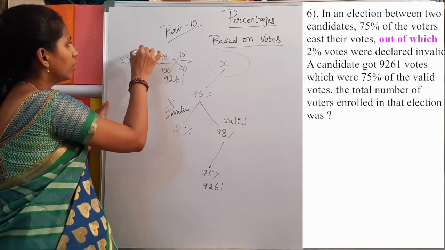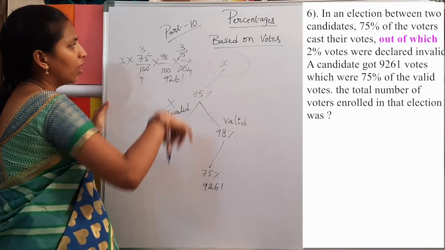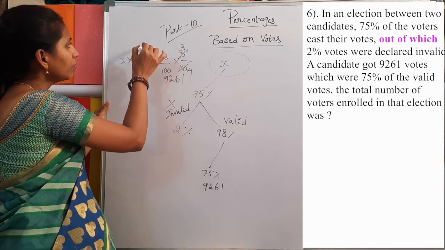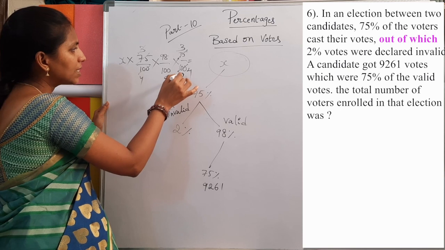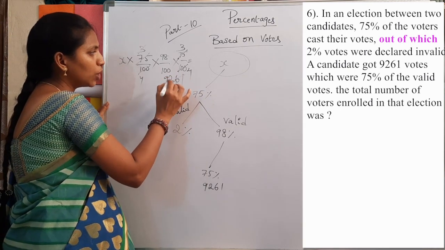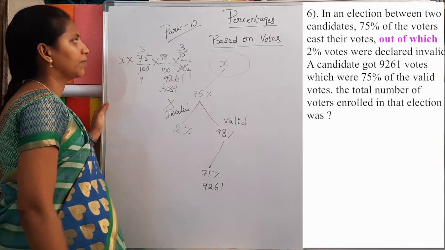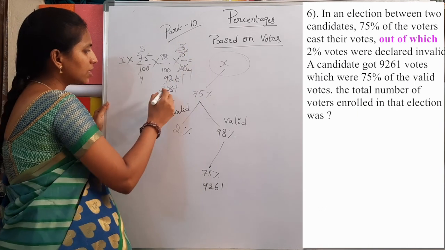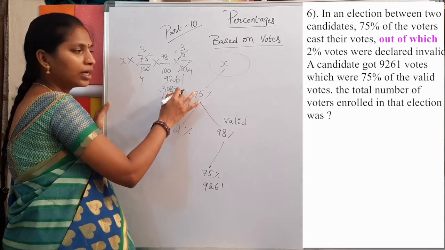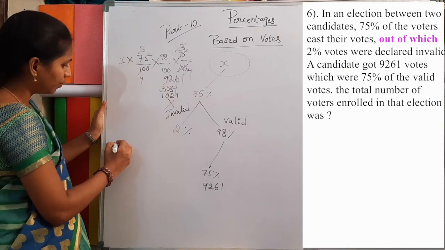Now see, 3 twenty-fives, 4 twenty-fives. Here also 3 twenty-fives and 4 twenty-fives. Now 3 cancelled in 9261: how many times? 3 times. And 0, 2, 6: 8 times; 21: 7 times. Again 3 cancelled in this: 1 time, 0, 2 times, and 27: 9 times. Now write this expression.